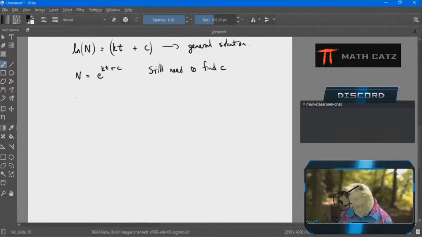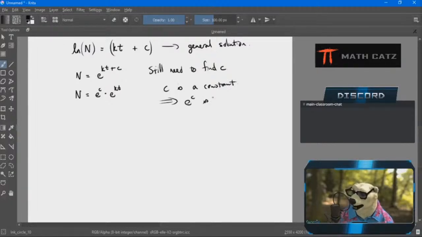So what we're going to do is write this as e to the c times e to the kt. Now if c is a constant, that would mean that e to the c is also a constant.